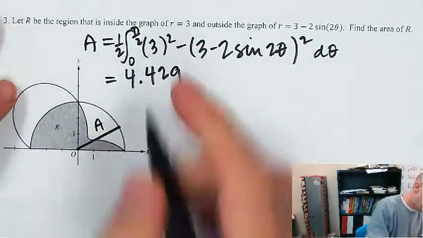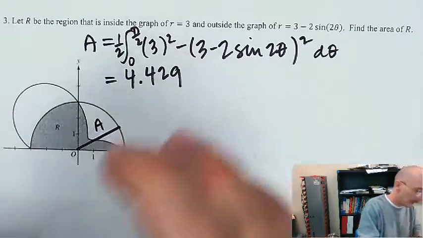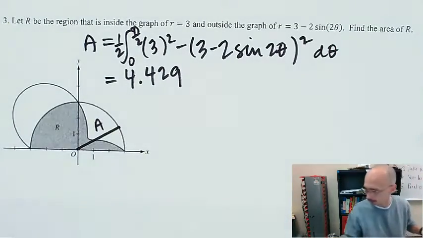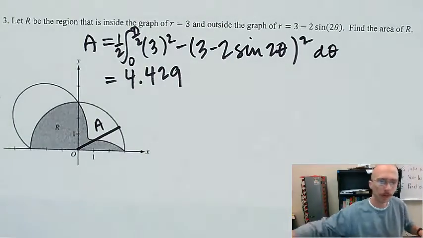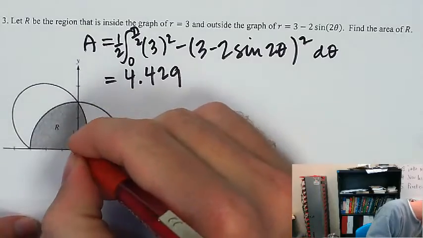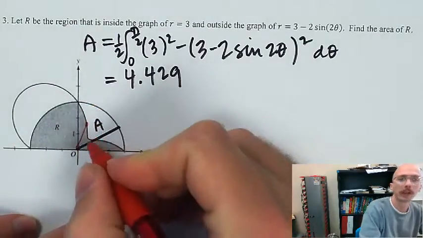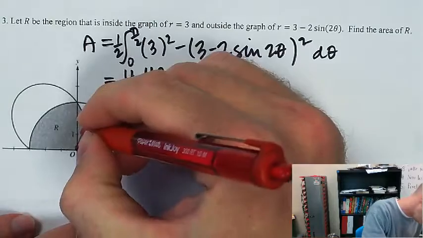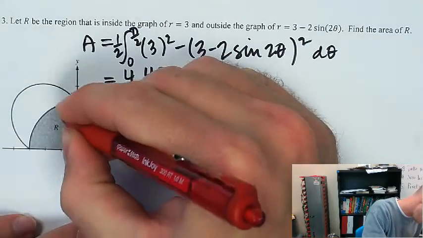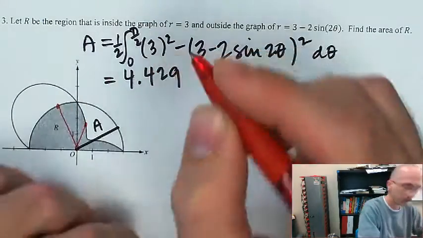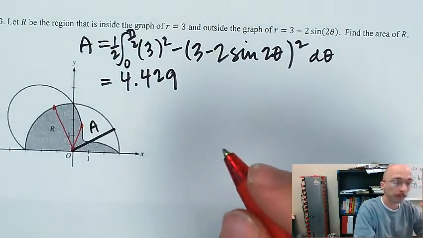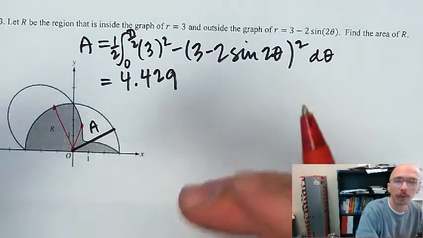All right, the area of region R, the shaded region. If I go from the origin to the edge of R at any time, I'm only ever hitting one curve. But after pi over 2, the curve that I'm hitting switches, right? So I know I'm going to have to add together 2 different integrals.